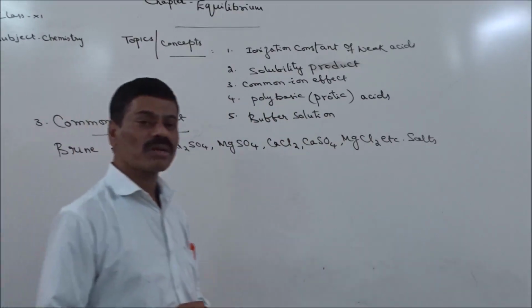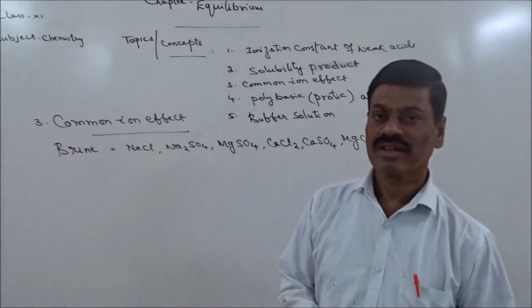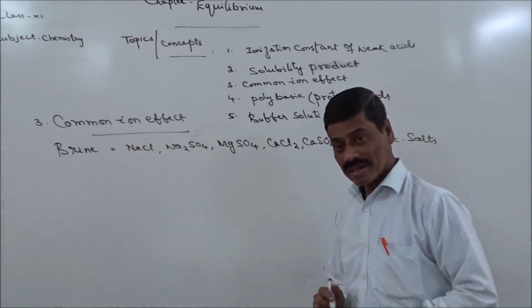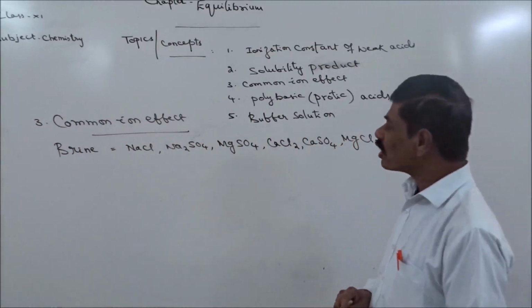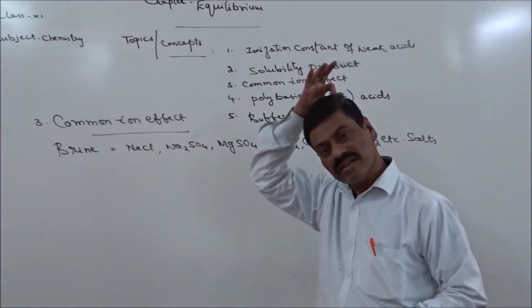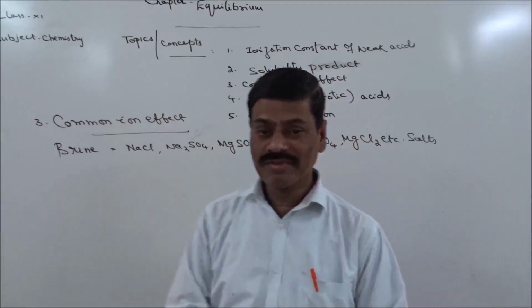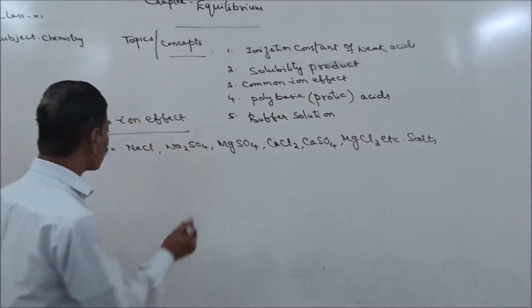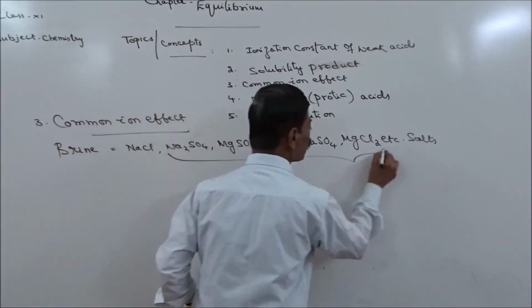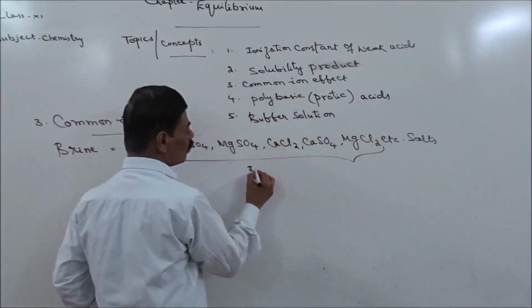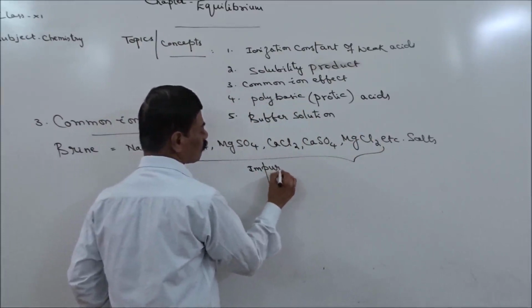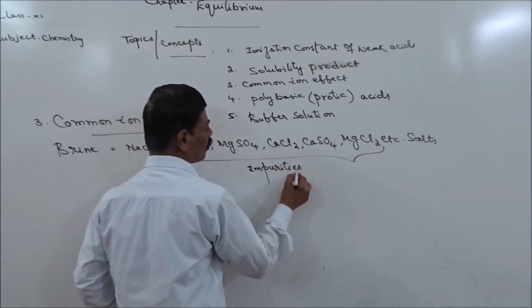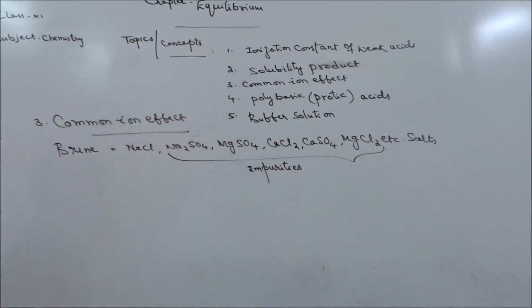Seawater is not potable water. Right? We cannot drink that water. Number 2, sodium chloride in pure form is very much required for us. So what are not required for us are these salts. So these are all impurities. So these impurities should be removed.